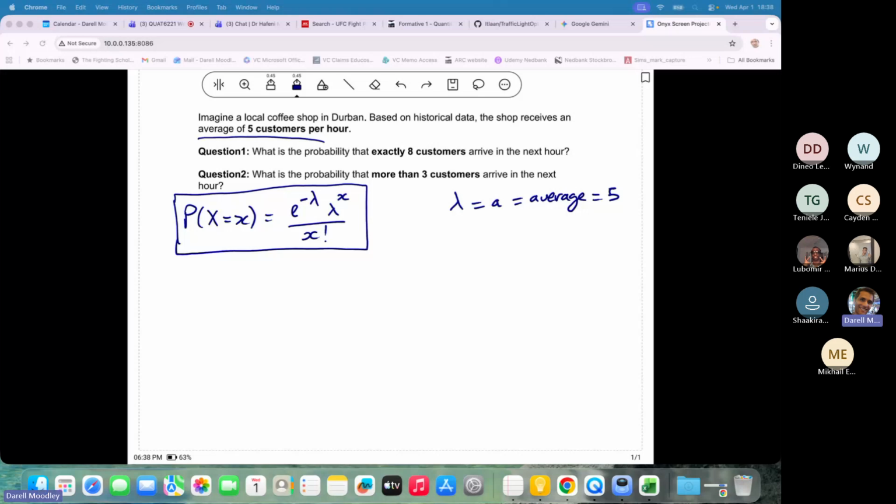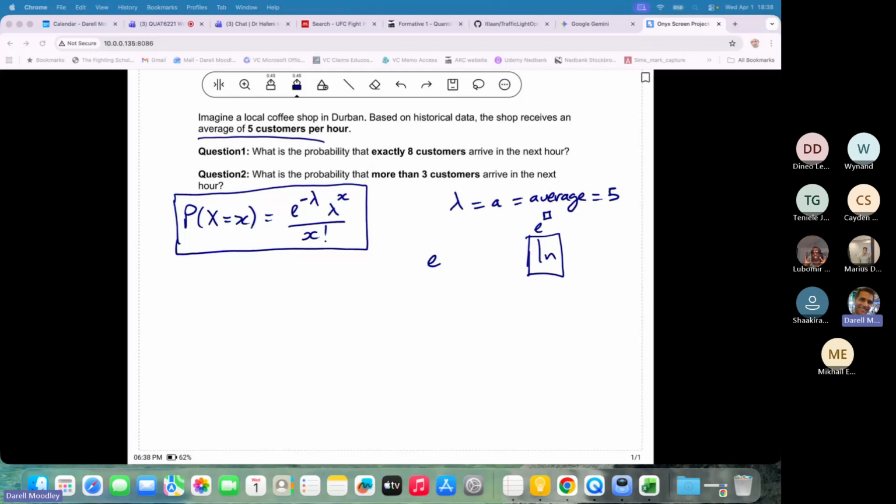Now, I'll explain each of these terms in the equation. The e is actually something on your calculator. It actually is a number. If you look at the button ln, which is natural log, on the far right at the top of your calculator, above that button you'll see an e with a block like that.